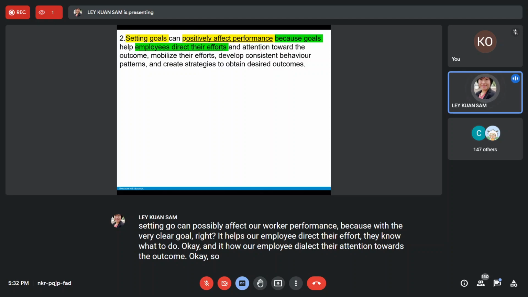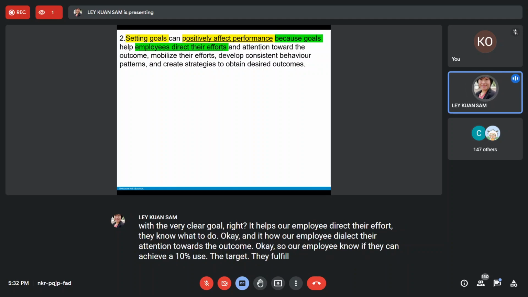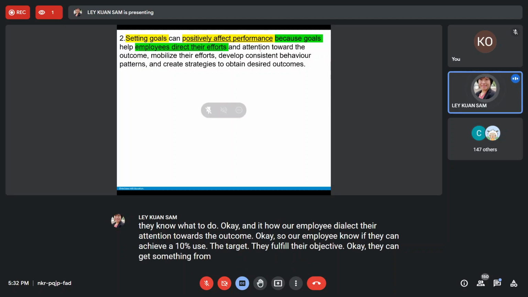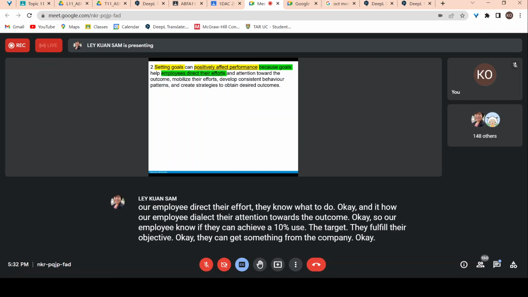So our employees know that if they can achieve 10% sales, they hit the target, they fulfill their objective, and they can get something from the company.